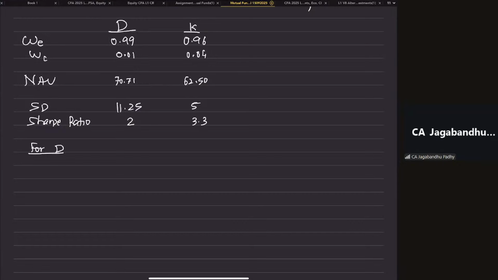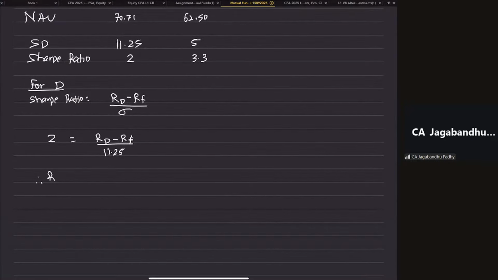For D, can I say the Sharpe ratio of 2 would be return of our portfolio, or I'll call it return of D minus risk-free, upon standard deviation? So this is actually 2 equal to return of D minus risk-free divided by the standard deviation, which is 11.25.